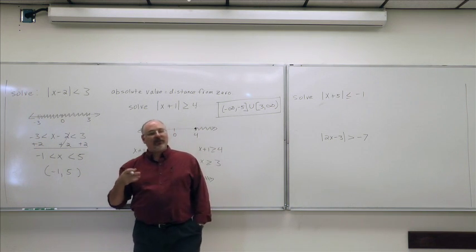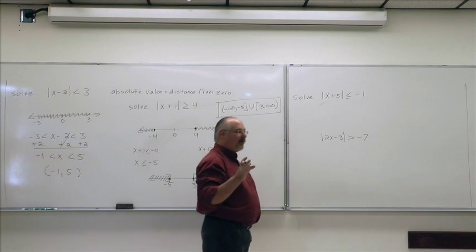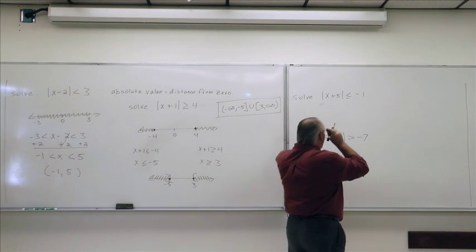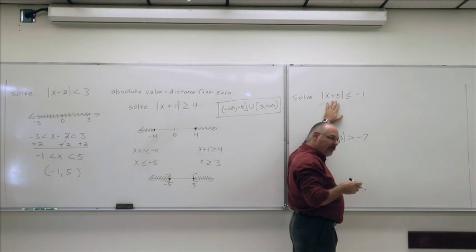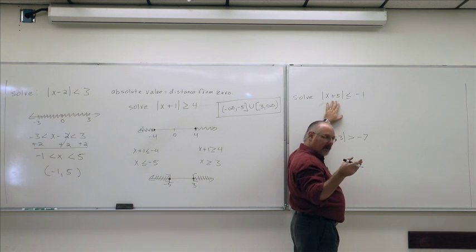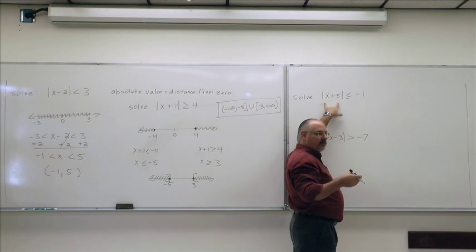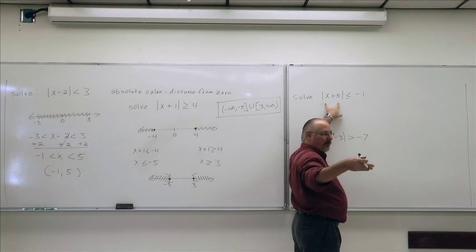Now these answer themselves without doing any algebra. That's the key. If you do the algebra, you've already lost. We know by definition the absolute value of a quantity is 0 or positive. Okay? So whatever is on the left here, I can substitute with 0 or a positive number.